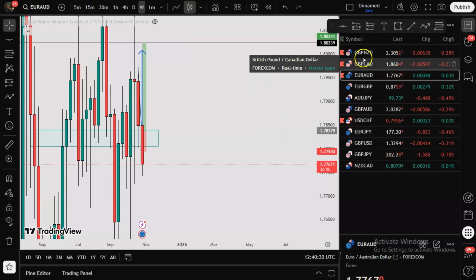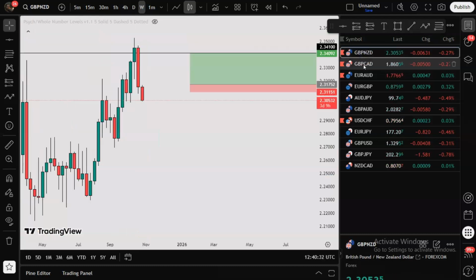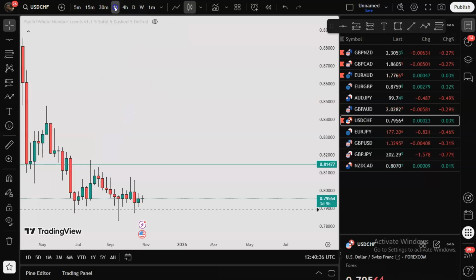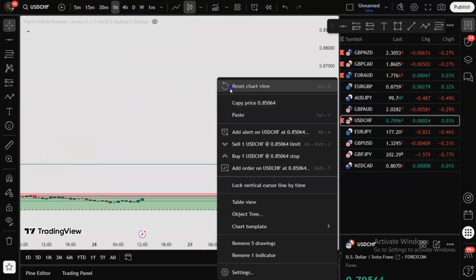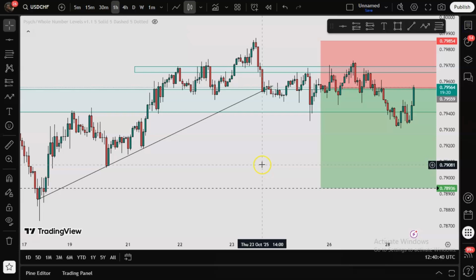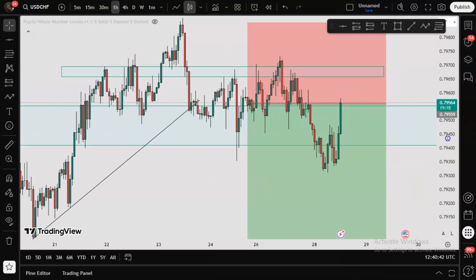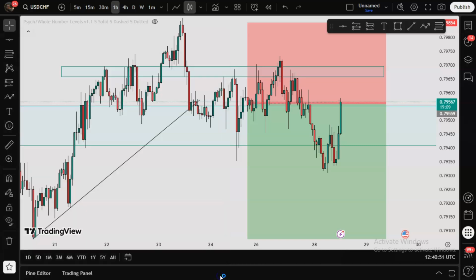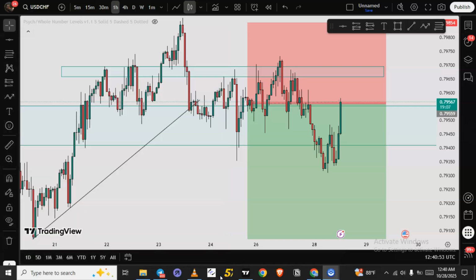But right now, what I'm actually in is USD CHF. This is the setup I'm actually in. It's going against me, but I'm still in. Let me check it out over here.